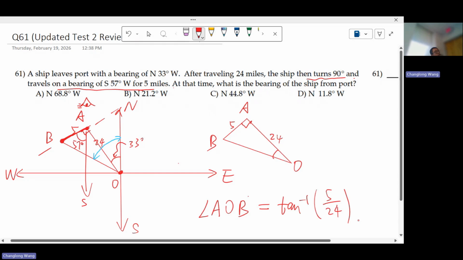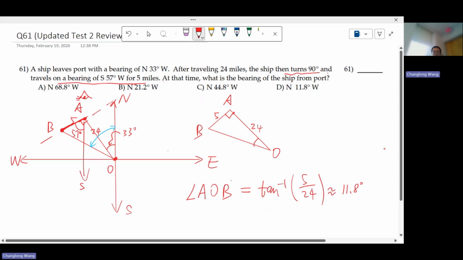That's great. So tangent, SOHCAHTOA, opposite over adjacent. Then you feed the ratio of opposite to adjacent to the inverse tan to get the angle, which works out as approximately 11.8 degrees. So now the bearing angle is the sum of 33 degrees and 11.8 degrees.